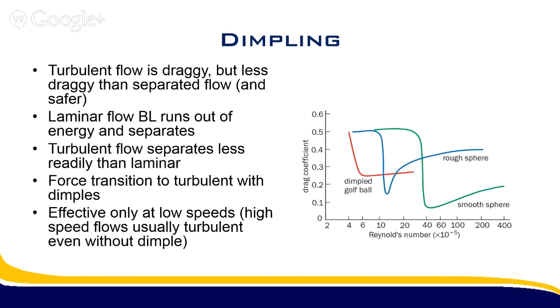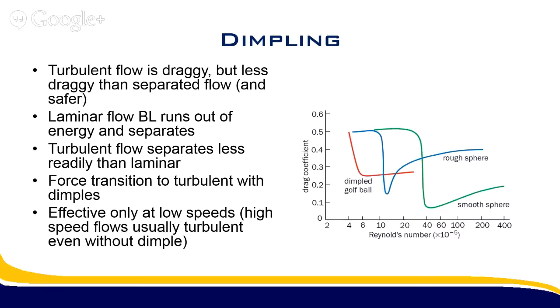For larger vehicles, like rockets and aircraft, that flow is going to be turbulent anyway, so you don't need to be adding more, or make it easier for that flow to separate by going turbulent sooner. Because eventually even turbulent flows will separate if the Reynolds number is not right.